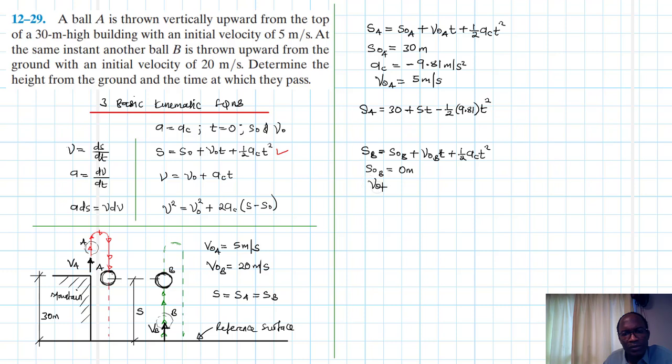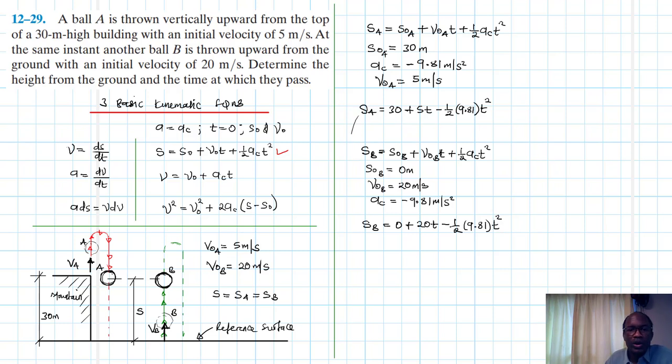V node B is equal to 20 meters per second, and AC is equal to minus 9.81 meters per second squared. Therefore, our SB will just be equal to 0 plus 20t minus half by 9.81 t squared.